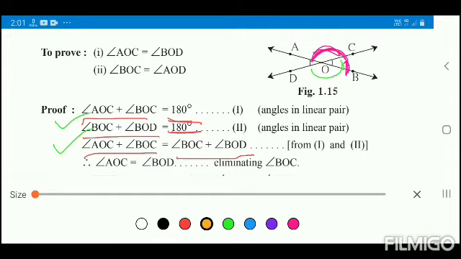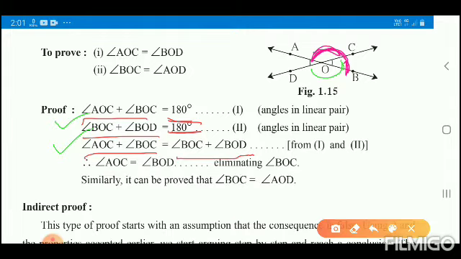Here angle BOC is common on both sides, so it will cancel. Then what remains? Angle AOC and angle BOD. Therefore, angle AOC is equal to angle BOD, eliminating angle BOC.